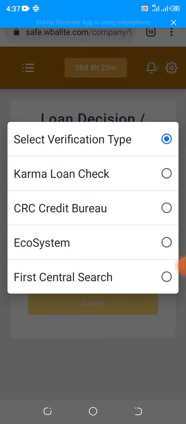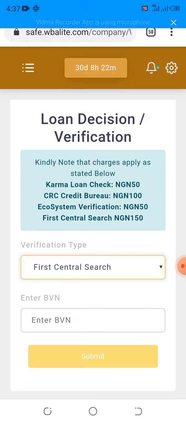All you need to do is select one, for example First Central, then enter the customer's BVN and search, and the data of this individual will be displayed for you to view and understand if you want to approve this loan or not. It's highly recommended to do a lookup before issuing out the loan.